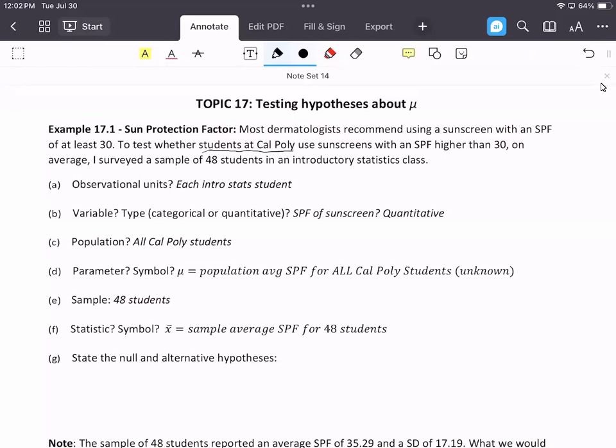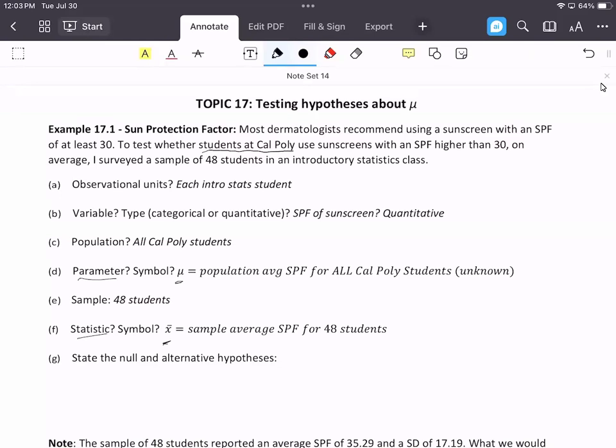That's why we're doing testing. The sample were 48 students. The statistic is X bar. Remember, mu and X bar go together in the sense that the parameter relates to the population and the statistic relates to the sample. And that's the average SPF for all 48 students. And I haven't given you that value yet.